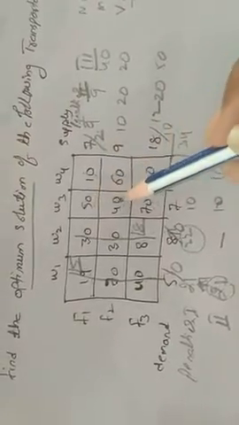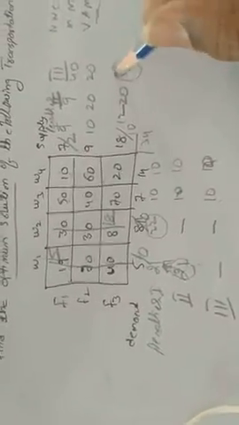Coming to this one, we have already eliminated this one. Next is 50 minus 40, 10 is there. Next 20 minus 10, 10 is there. So identify the largest penalty element in penalty 3. 40, 20, 50, 10, 10. Which is the largest penalty element? 50 is there.